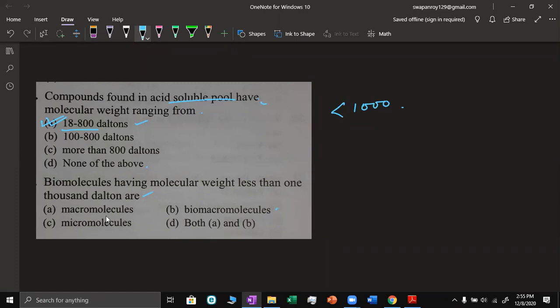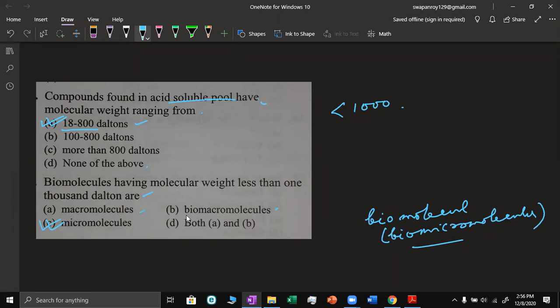Biomolecules having molecular weight less than 1000 Daltons are micromolecules, or biomicromolecules.